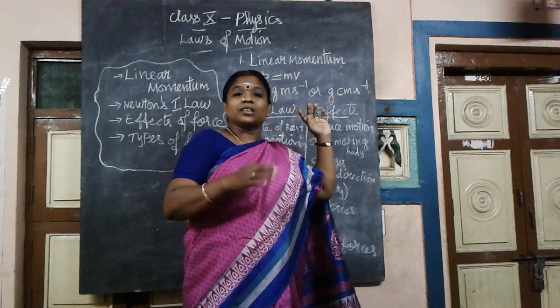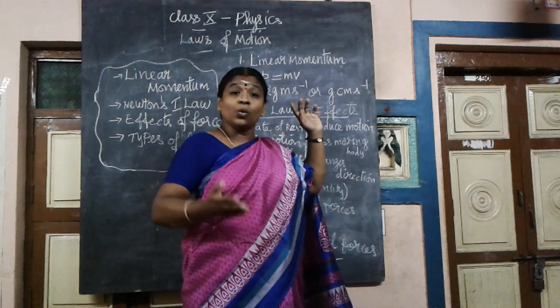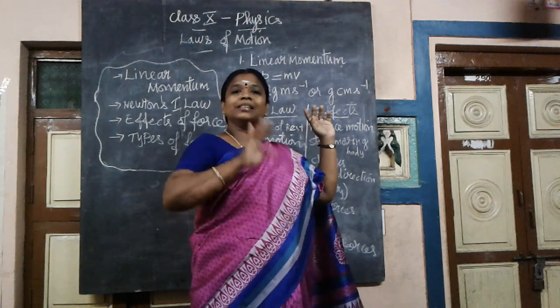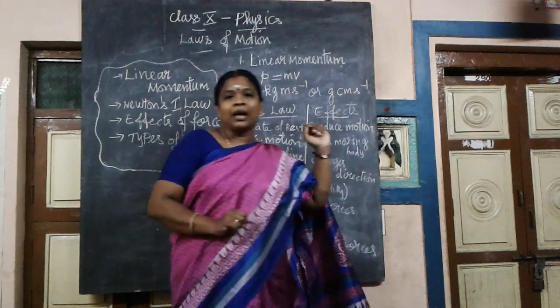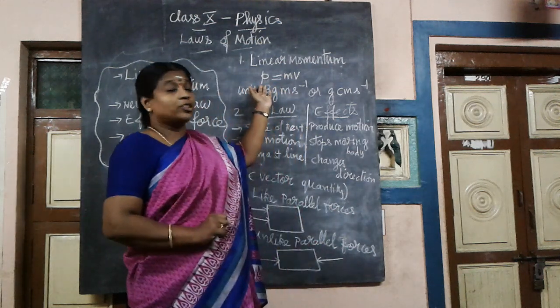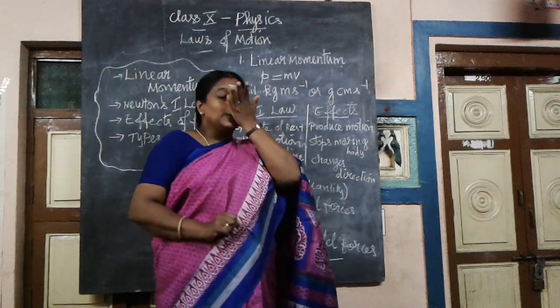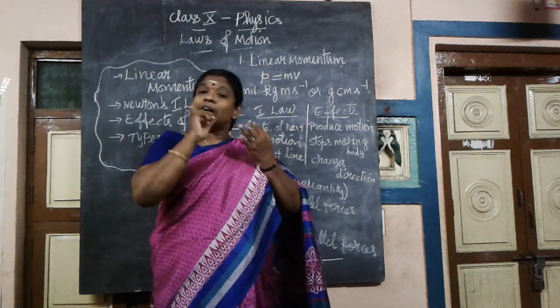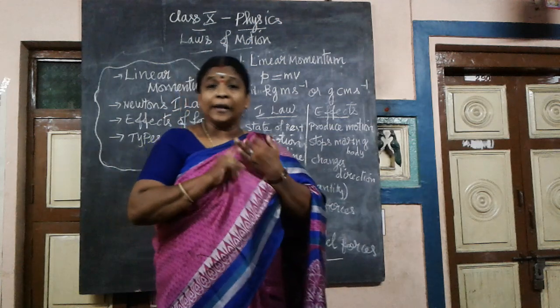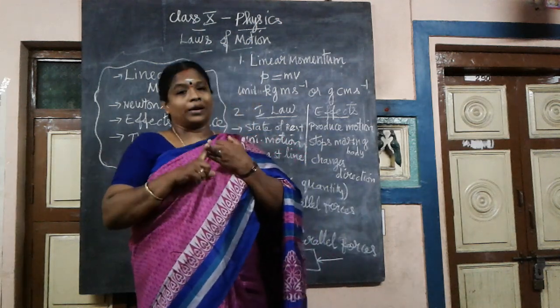It will be along the force direction. In whichever direction the force is applied, in that direction only the momentum will also act. So what is momentum? Momentum is the product of mass and velocity. So it has magnitude and it has direction also. So it is a vector quantity.